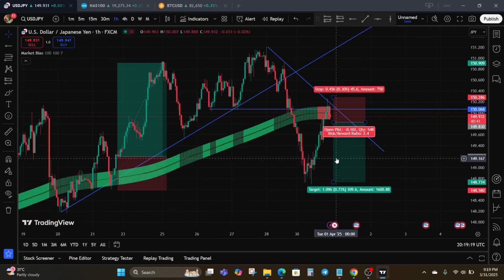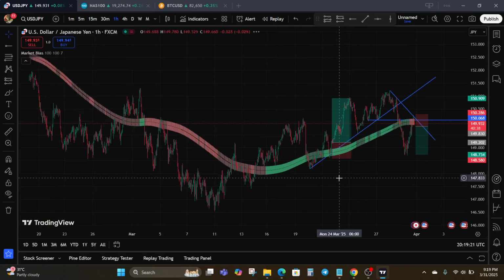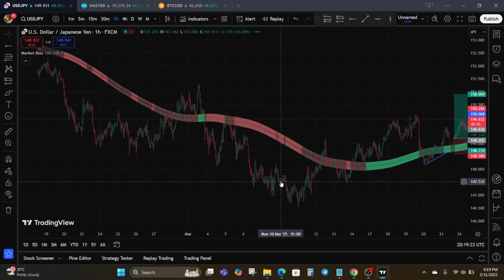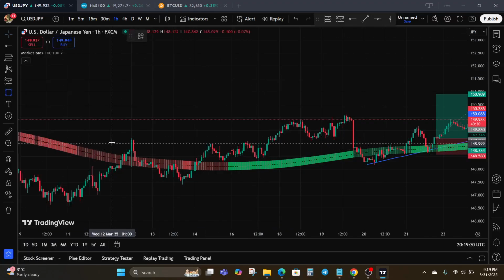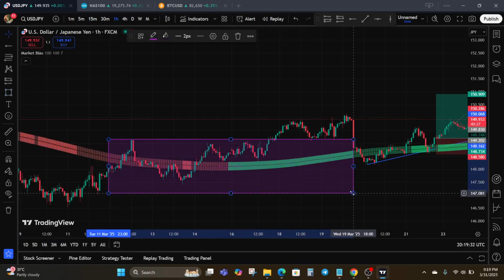Meanwhile, if the market is indecisive, maybe price is just going sideways and the indicator itself is going sideways, just wait for a clear signal before entering a trade.